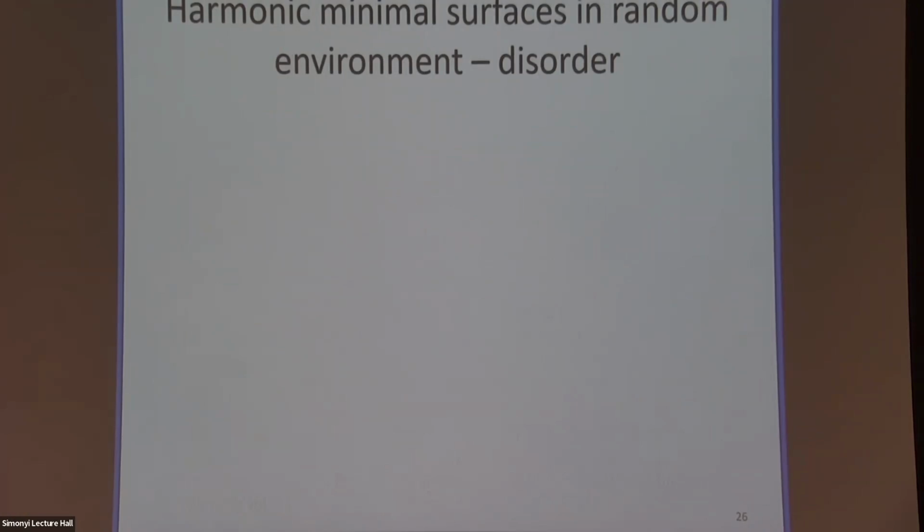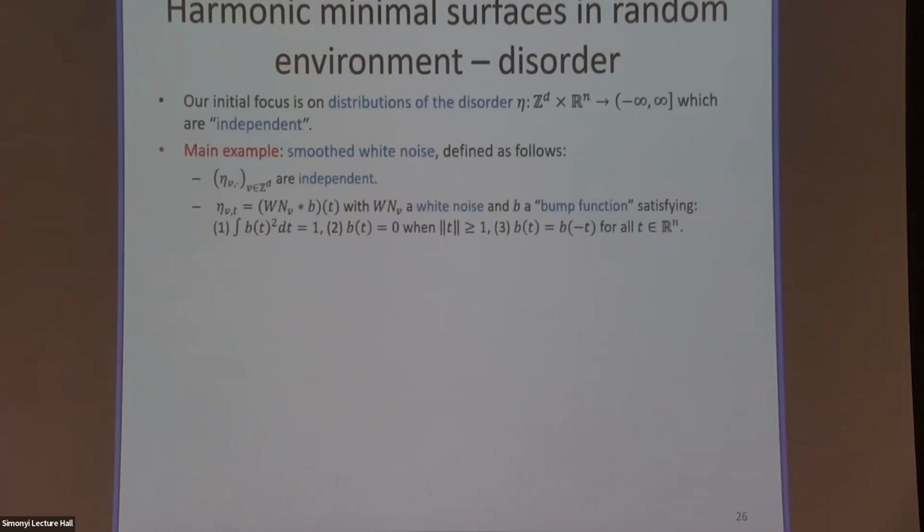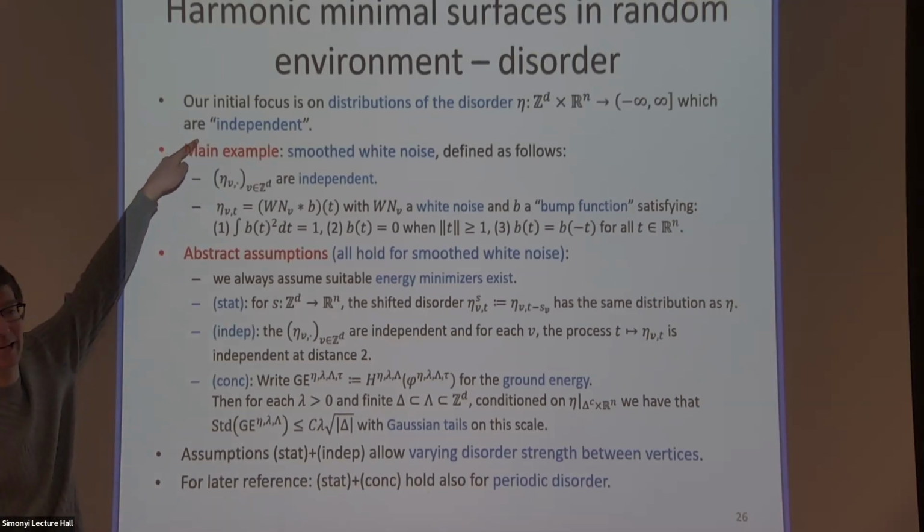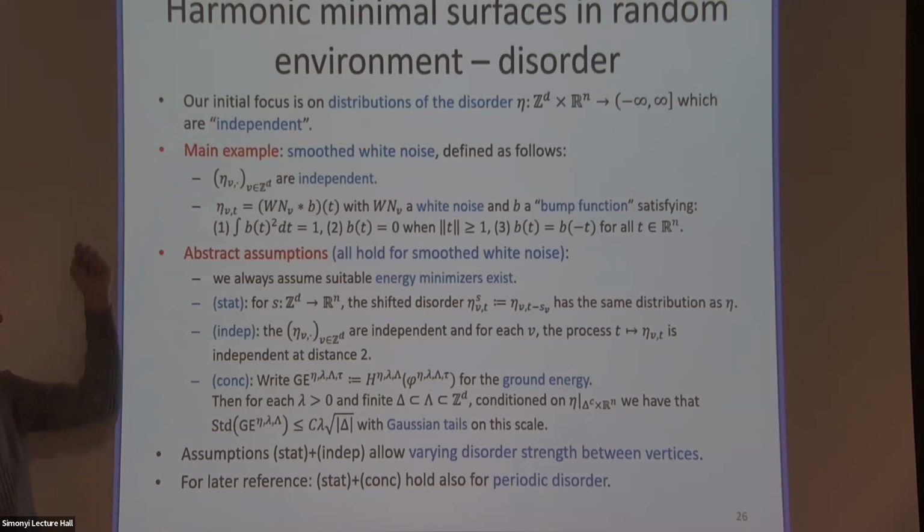Okay, so coming back to the question that you asked about the disorder, we're going to look at the so-called independent category. We have work in preparation on other categories, but let's try that one. So that means I try to make my environment as independent as possible, because I have in mind these previous questions where the environment was IID on the edges. So I want to make it IID.